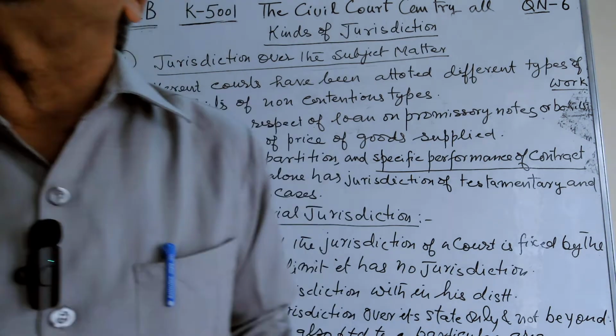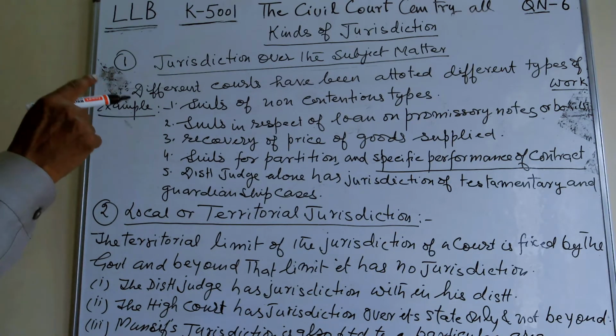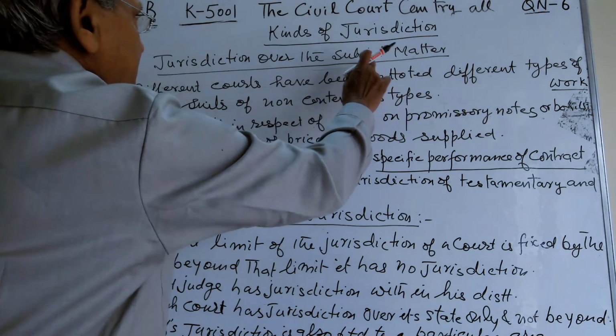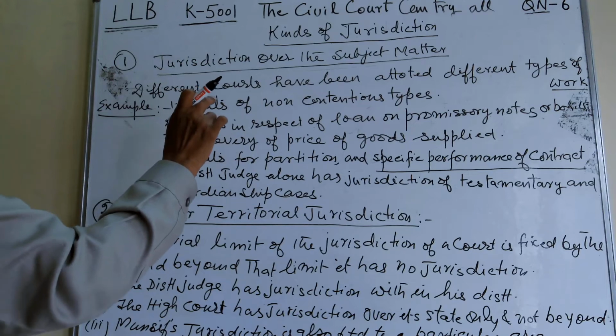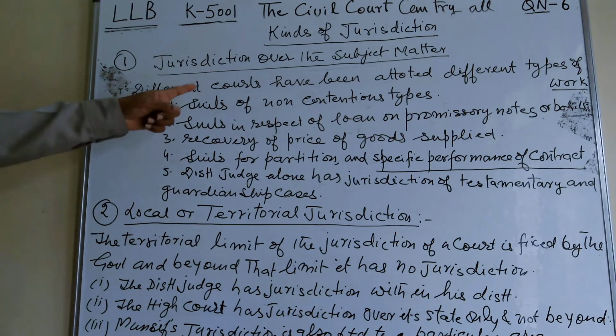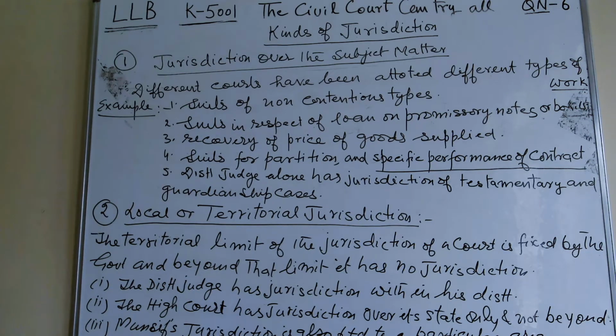My dear friends, now I am taking kinds of jurisdiction. First, jurisdiction over the subject matter. According to the subject matter, jurisdiction has been allotted to the different courts. Different courts have been allotted different types of works.